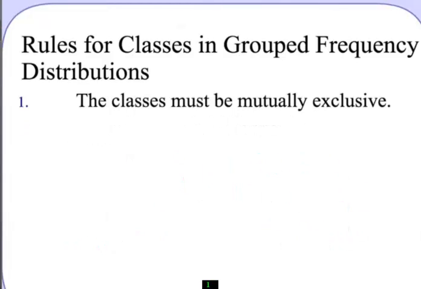Okay, the classes must be mutually exclusive, which means one number cannot go in more than one class. So if I look at some examples, let's look at age.